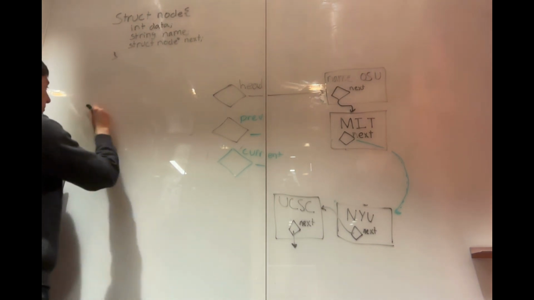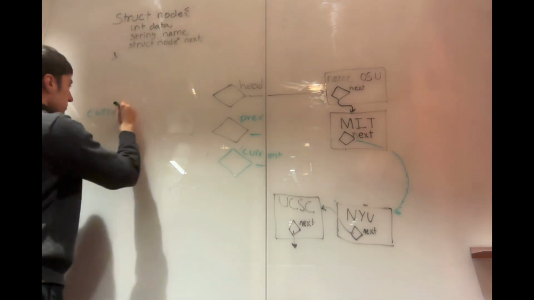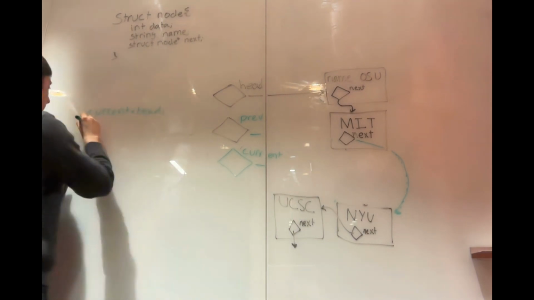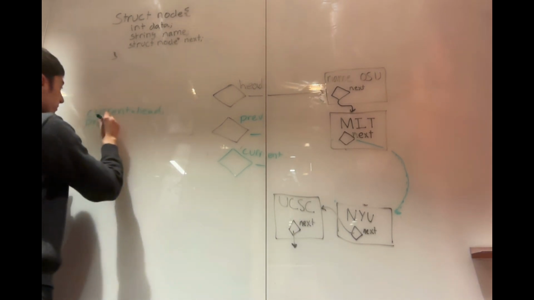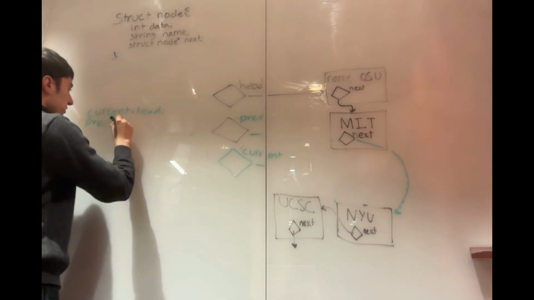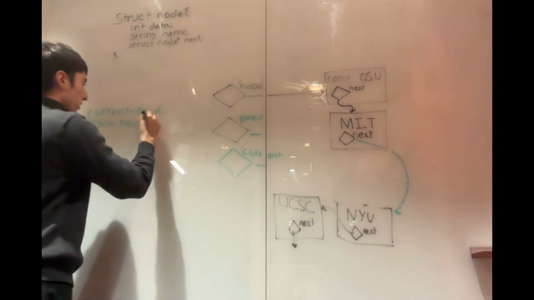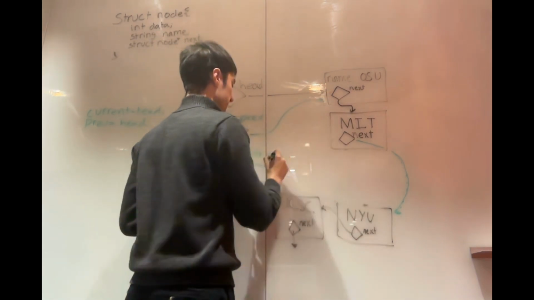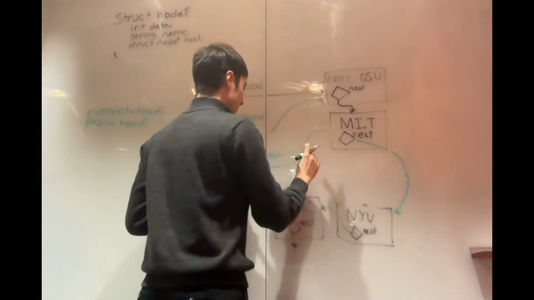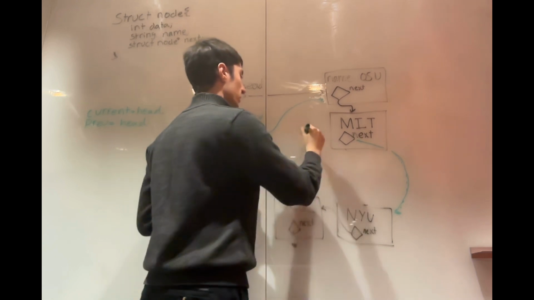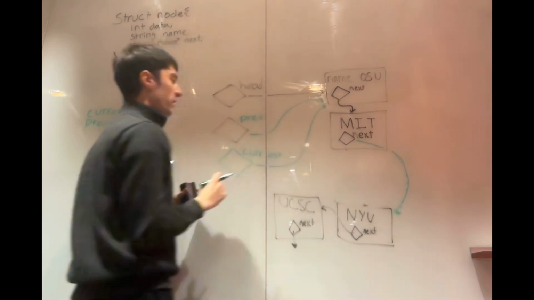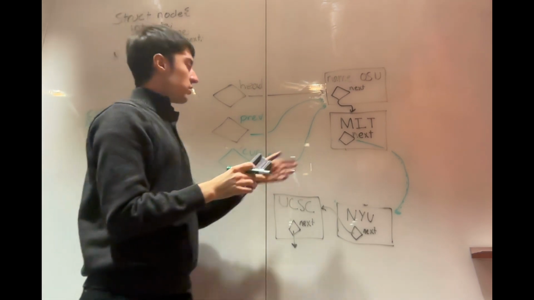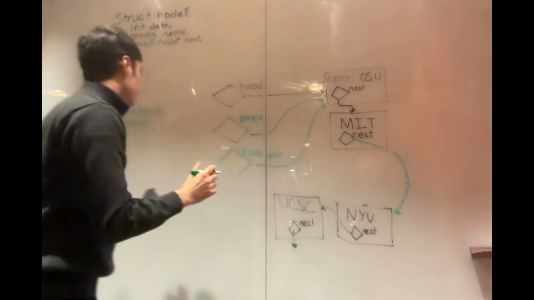So current equals head and previous equals head. All right, so we're on the station. Okay, cool. So we want to travel down.